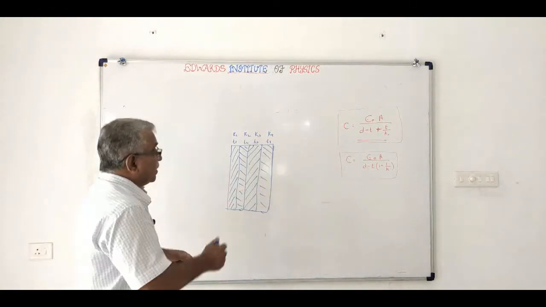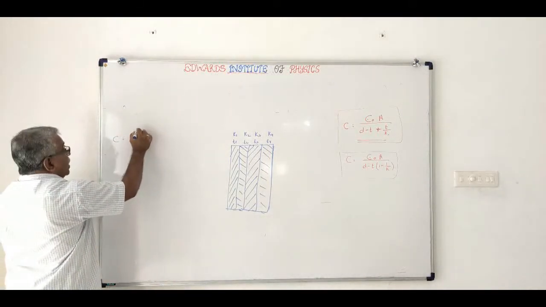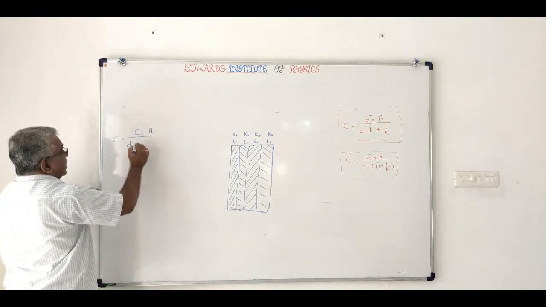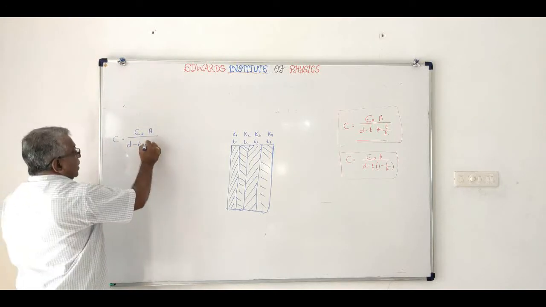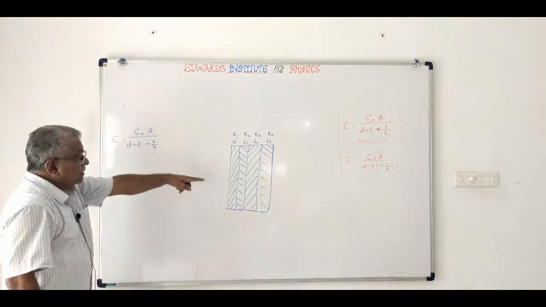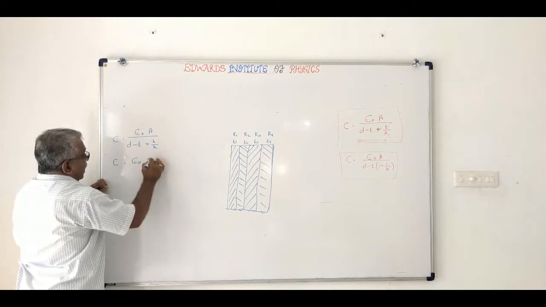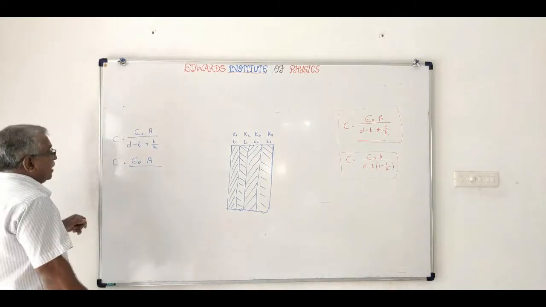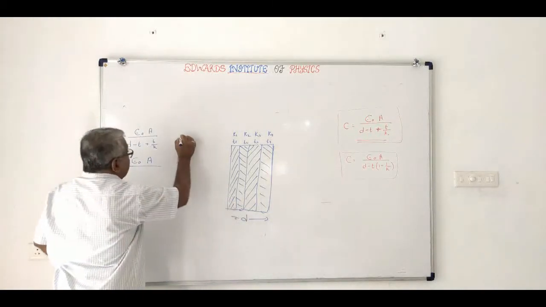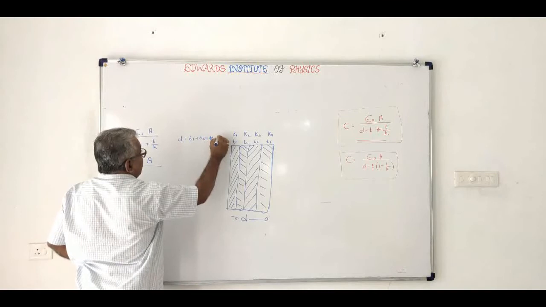Okay, let us see what will be the case. We will apply that formula here. So we have C is equal to epsilon 0 A by D minus T into plus T by K. So in this case this formula will become like this. C will be equal to epsilon 0 A, there is no change in epsilon 0 and A, and the total thickness is D, and D is equal to T1 plus T2 plus T3 plus T4.